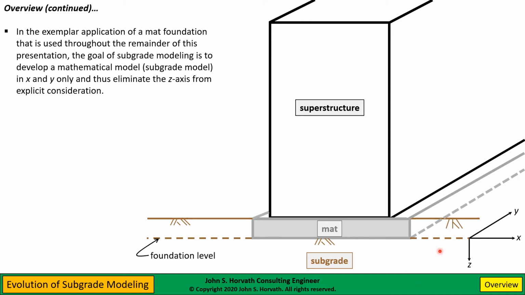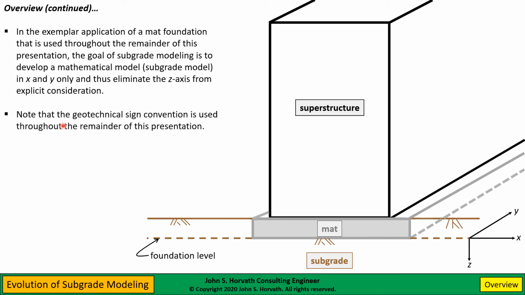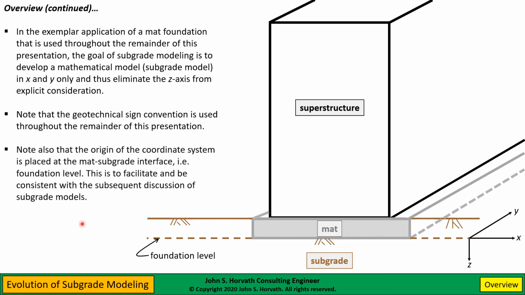And using this three-dimensional picture, really the goal is to eliminate the Z dimension from analytical consideration. And again, I point out I'm going to be using the geotechnical sign convention. And also I have placed the origin of the coordinate axes at foundation level, the top of the subgrade.